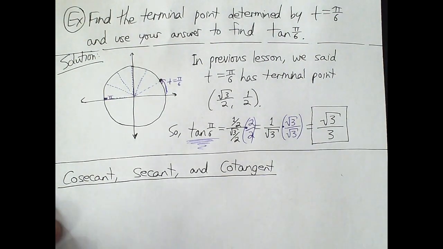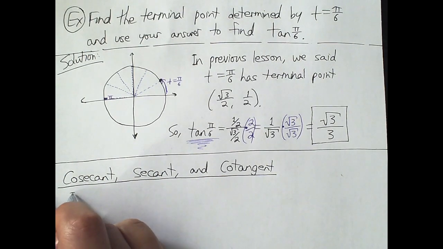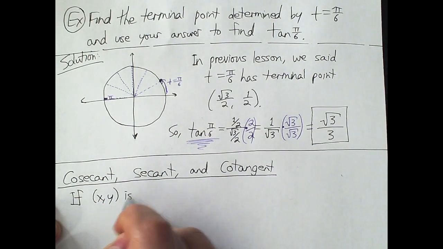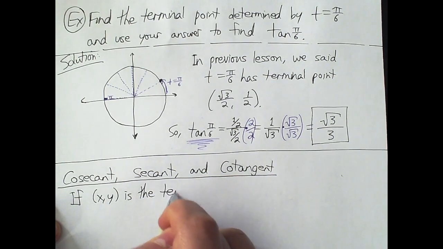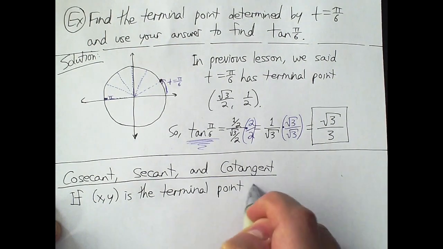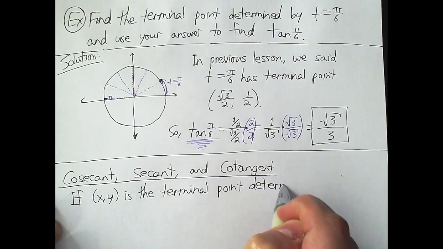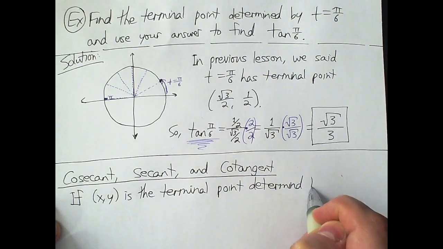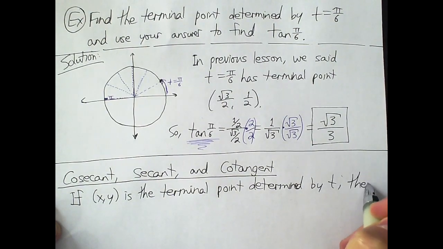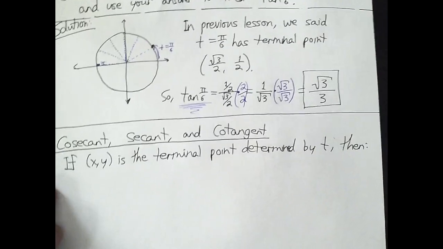So, how did we start the definitions for sine and cosine and tangent? We started them by saying, if x comma y is the terminal point determined by t, then. I want to give definitions for all 3 of these things.